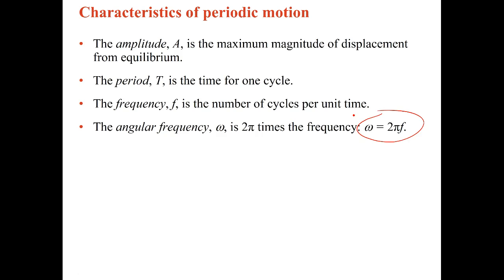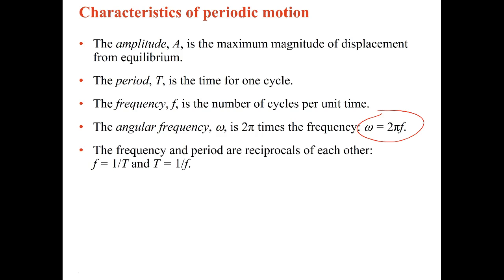Now you might think that this looks like angular speed, and while it's related to angular speed, it is not the exact same variable. It has a different meaning in this context. So we'll talk about that carefully. And we can say that the frequency and the period are reciprocals or inverse of each other. So f is 1 over T and T is 1 over f.